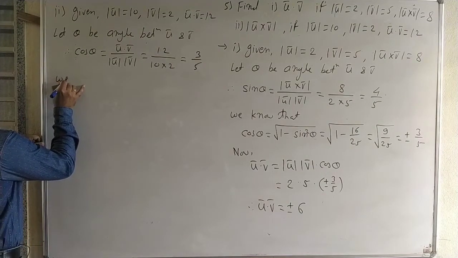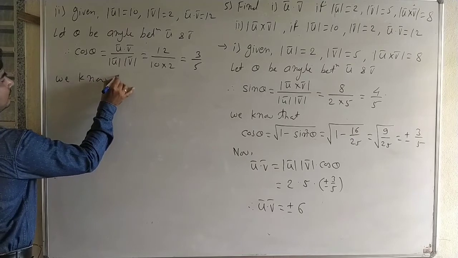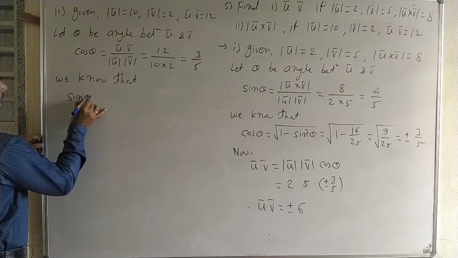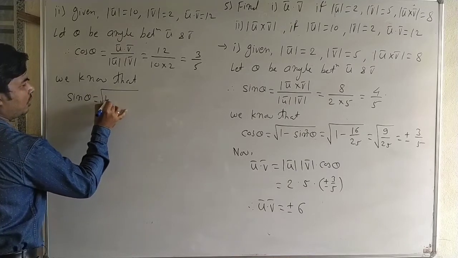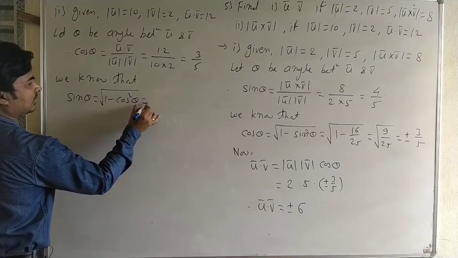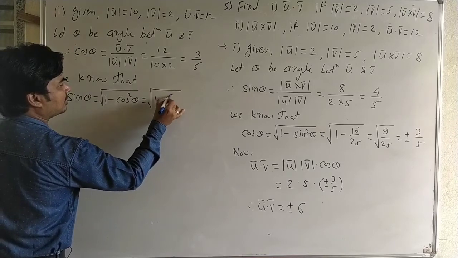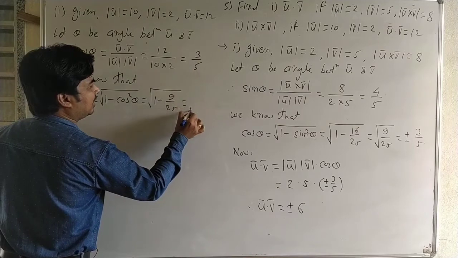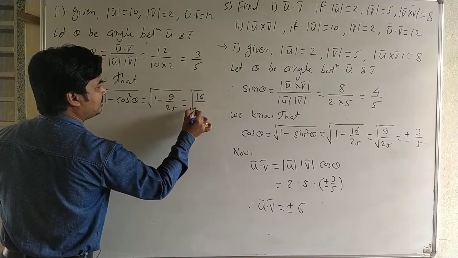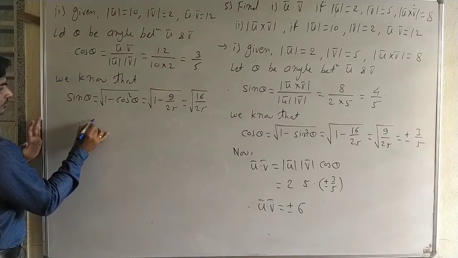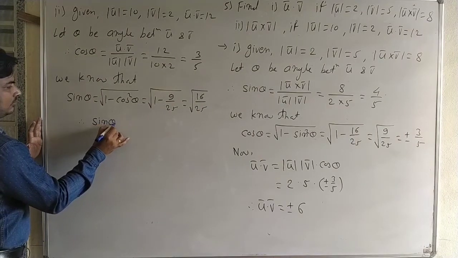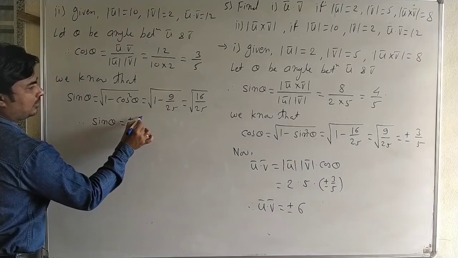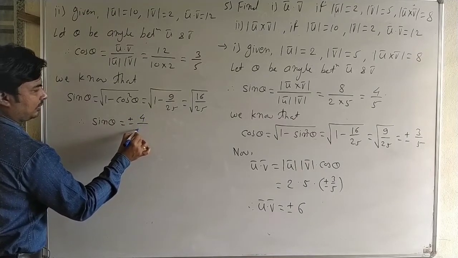Then we know that sin theta is equal to under root of 1 minus cos square theta, and then it is under root of 1 minus 9 by 25, and it is under root of 16 by 25, and therefore sin theta is equal to plus or minus 4 by 5.